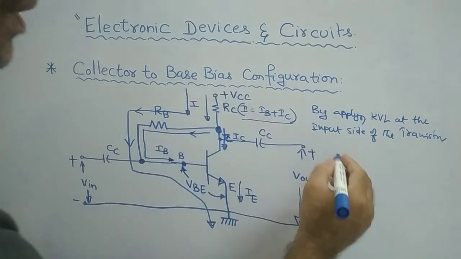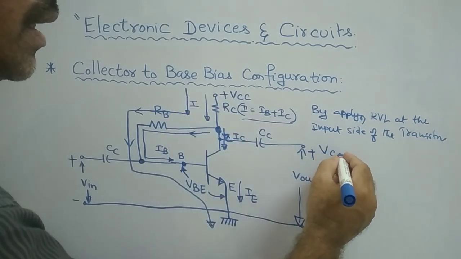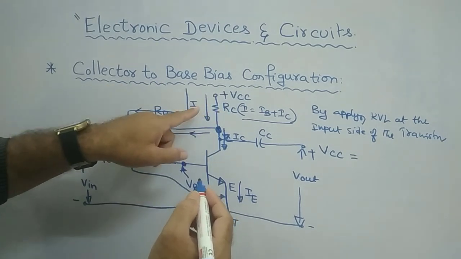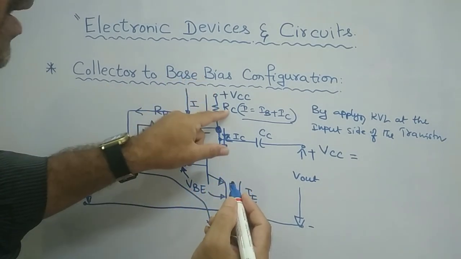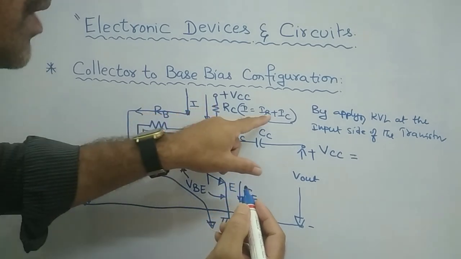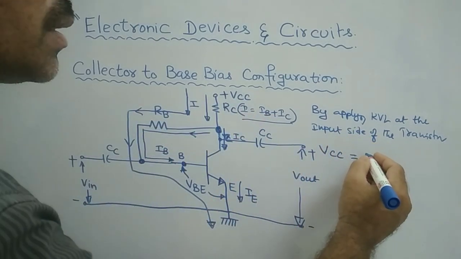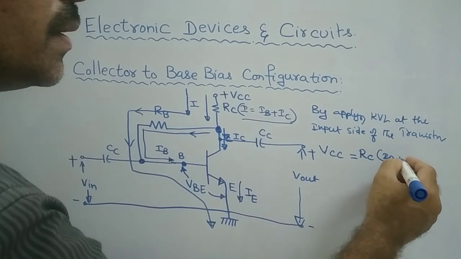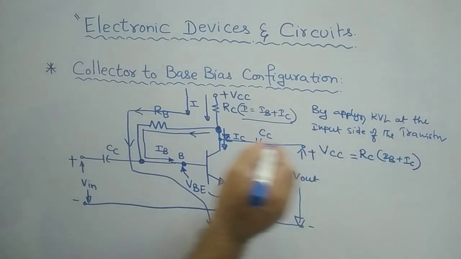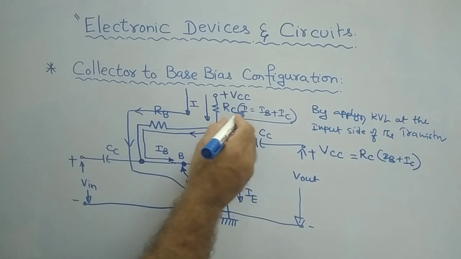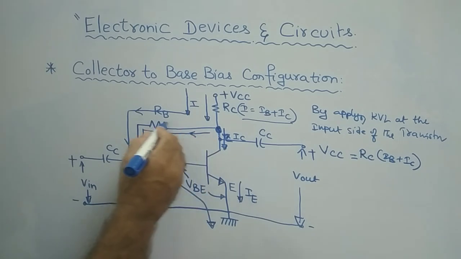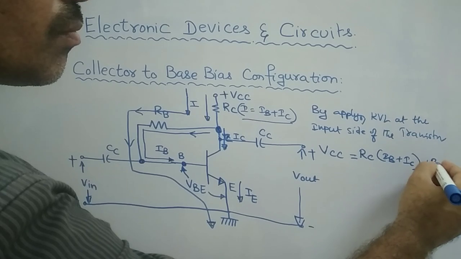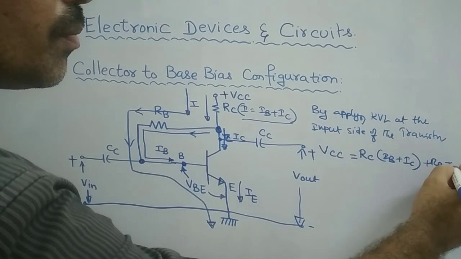If you apply the KVL, definitely VCC is equal to RC into I, and what is the I value? It is IB plus IC, that is RC into (IB plus IC). Clear? VCC is equal to RC into (IB plus IC), and coming to this part, plus RB into IB.